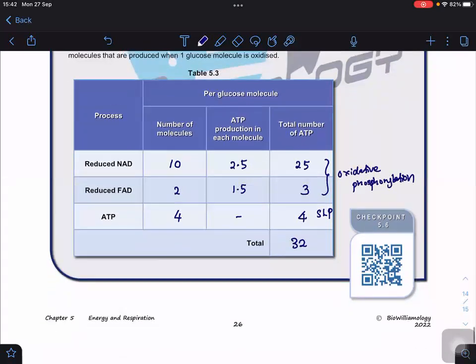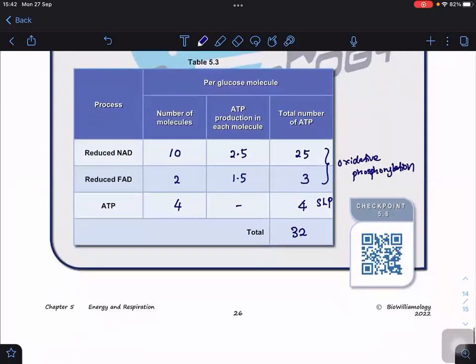This 32 actually is an average. Per glucose molecule, when one glucose molecule is oxidized, we have an average of 32 ATP that can be produced. Are you clear?